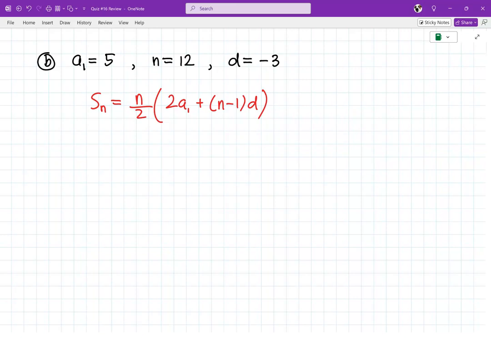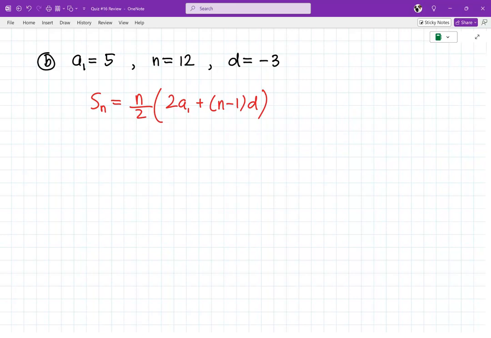I'll most likely write those equations for you guys tomorrow, just in case you haven't gotten them memorized. But I should have them for you so you can know what's expected for what kind of equations we have. Notice I know what a sub 1 is, I know what n is, I know what the letter d is.